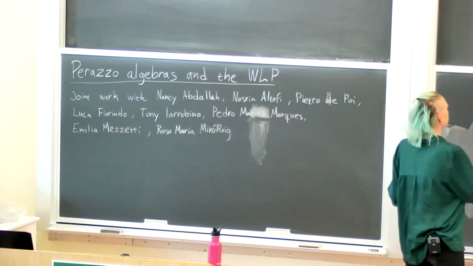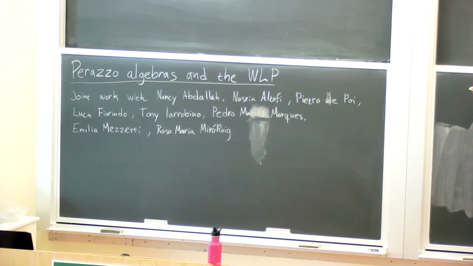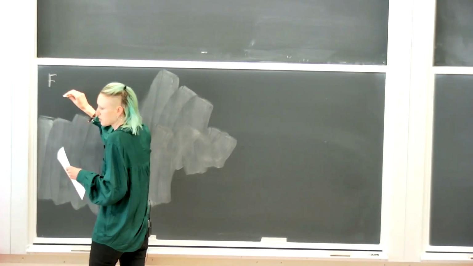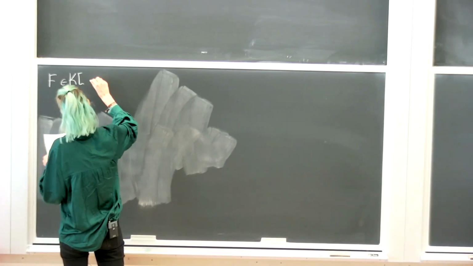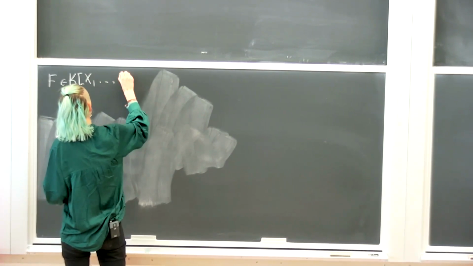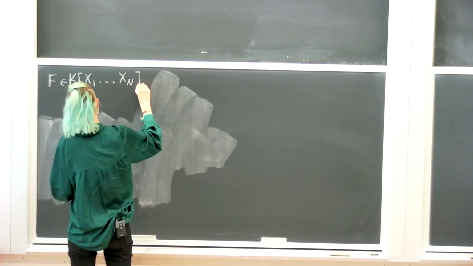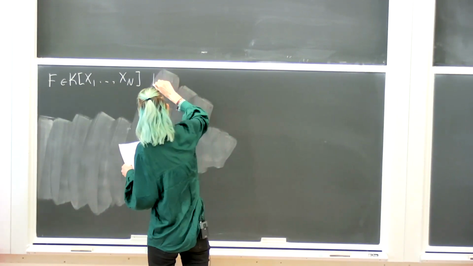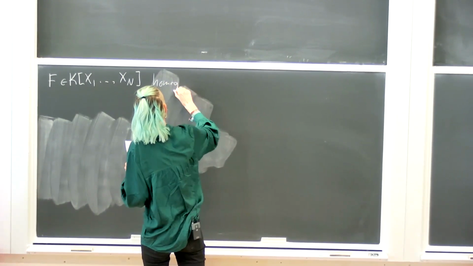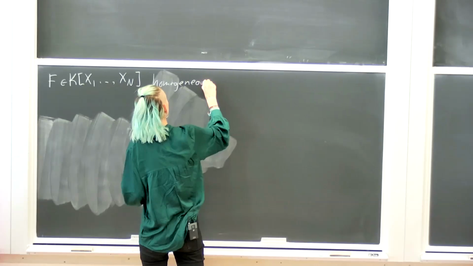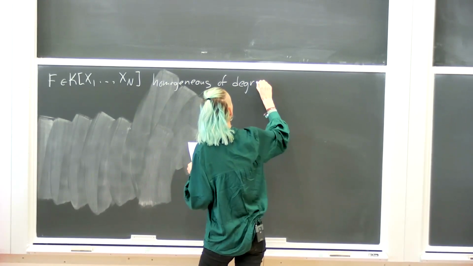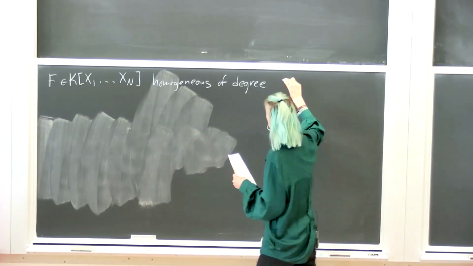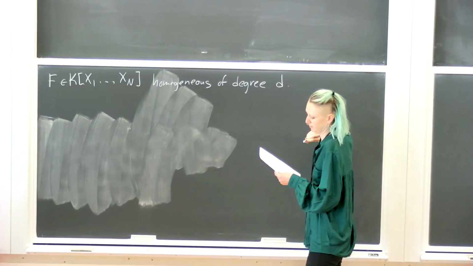Okay, so let us start with one homogeneous polynomial. Let's call it f. Homogeneous of degree d, let's say.